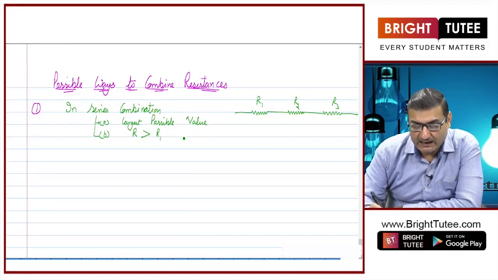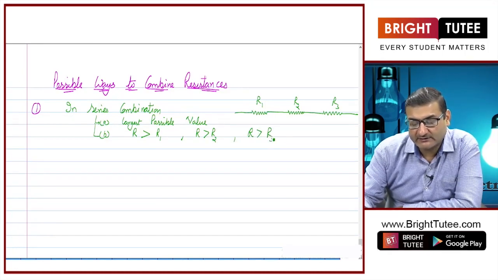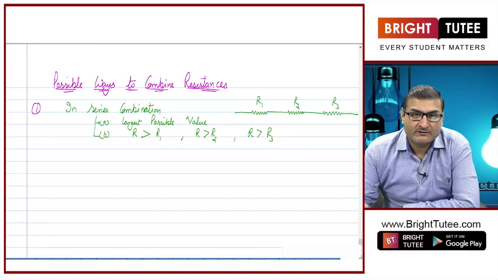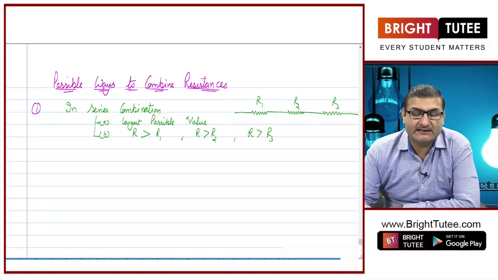That is, R should be greater than R1, it has to be greater than R2, it has to be greater than R3 and so on. So, these are the 2 things that we keep in mind if we are connecting the resistances in series.